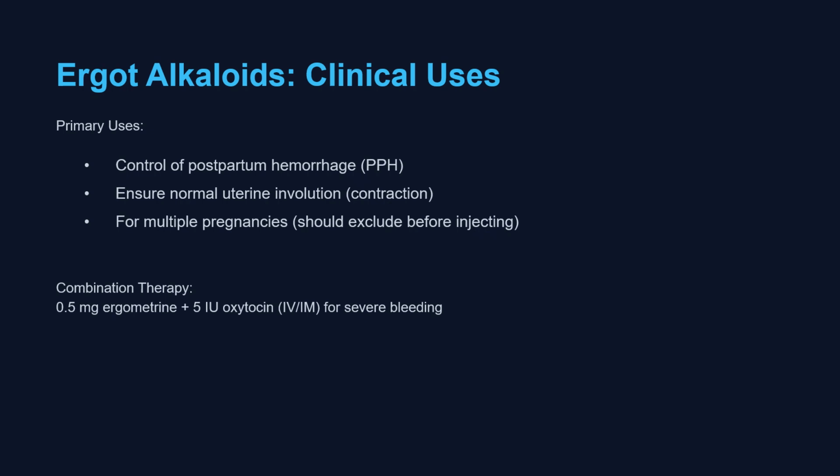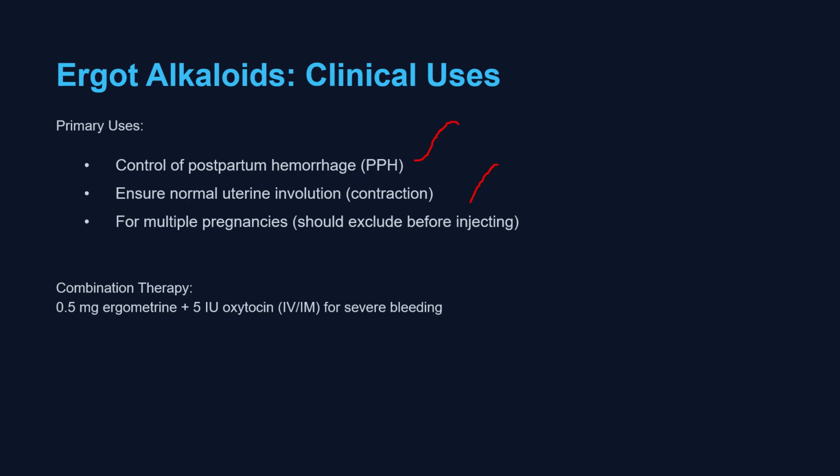The primary clinical use of the ergot alkaloids is to control PPH, postpartum hemorrhage. Sometimes after a normal delivery, uterine involution should also happen.